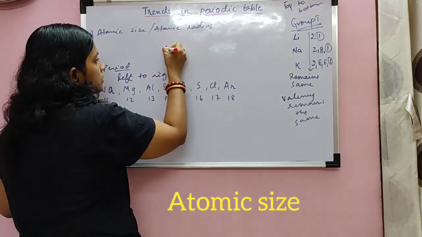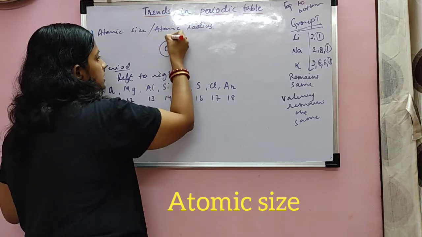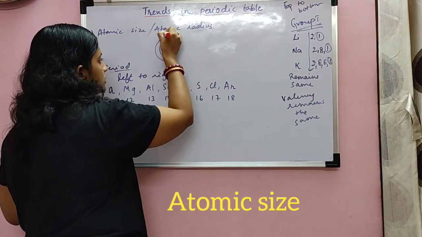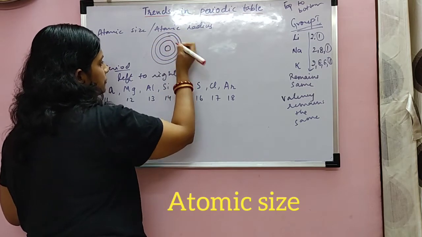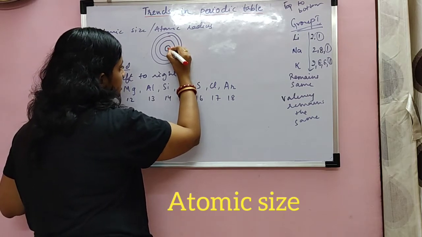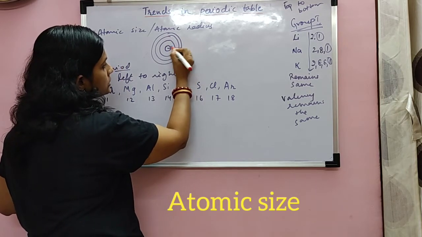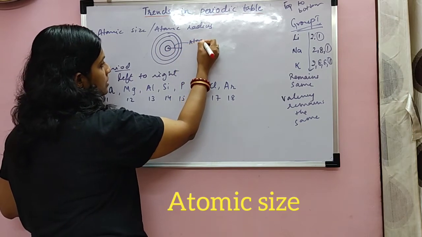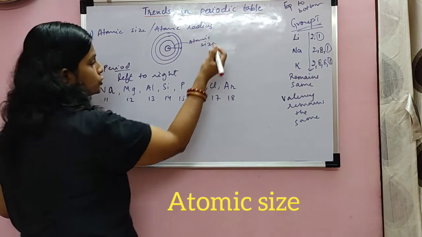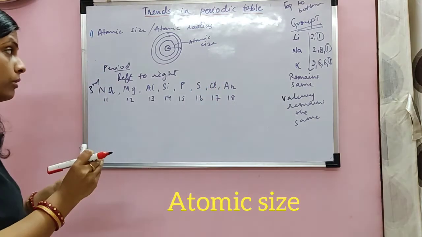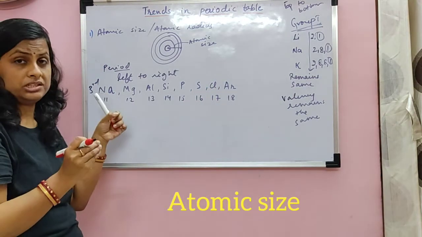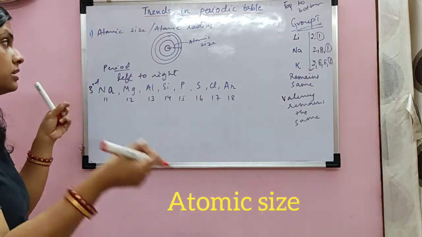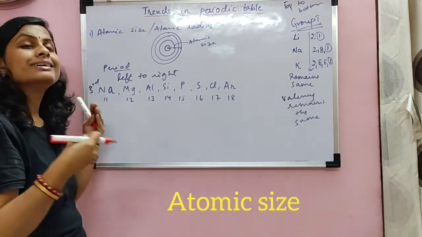See, this is a nucleus and these are the shells of an atom. The distance from the center of the nucleus till the outermost orbit is known as atomic size. So how will you define atomic size? The distance from the center of the nucleus till the outermost orbit is called its atomic size.